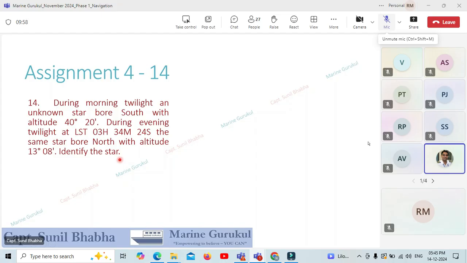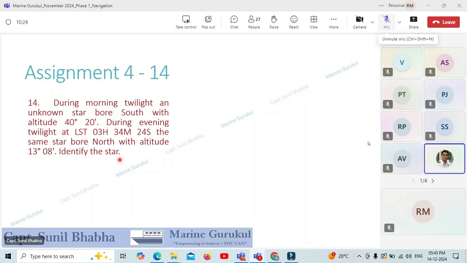Make the rational horizon diagram, put all the information given in the question, and we will get a lead from the diagram itself on how the question needs to be solved. Either it will be a very simple calculation, just adding or subtracting some values, or it will be a solution of the PZX triangle using the cosine formula or Napier's rule.